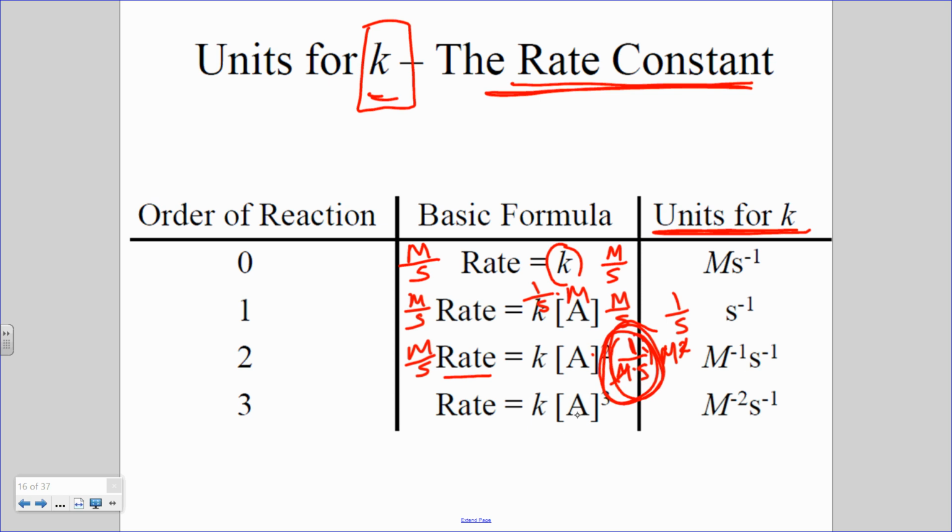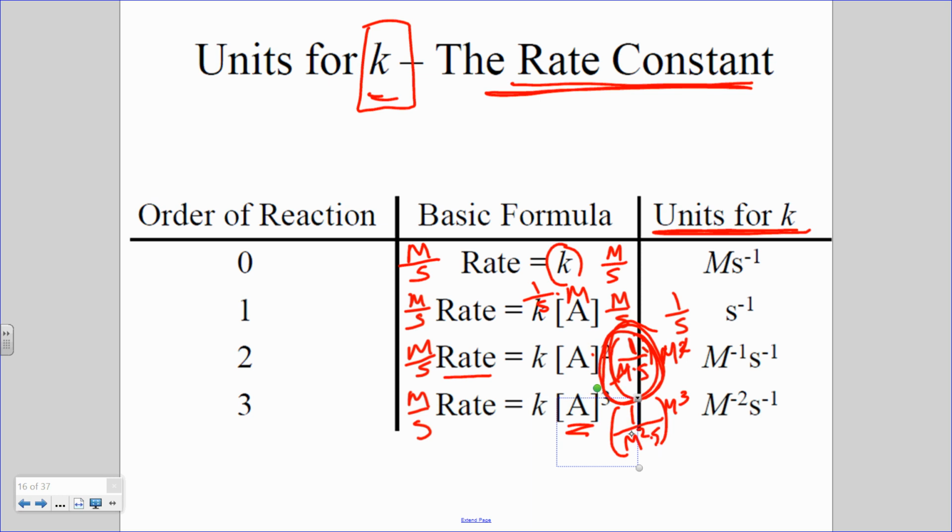Same thing goes for this one. If you have A to the third order, now you're going to have to equal molarity per second on this side. You're going to have molarity cubed from this term. So K has to be 1 over molarity squared times seconds.